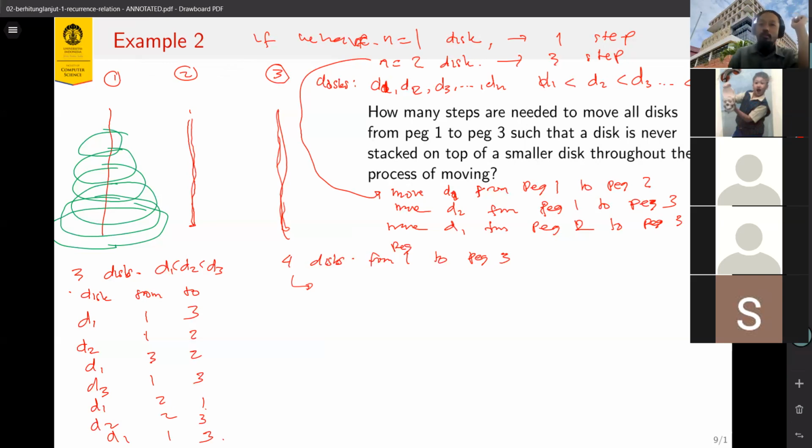So let me put it here as the step. We need to move the largest disk from pack 1 to pack 3. Now, in order to move the largest disk from pack 1 to pack 3, what do we need to do before doing that?